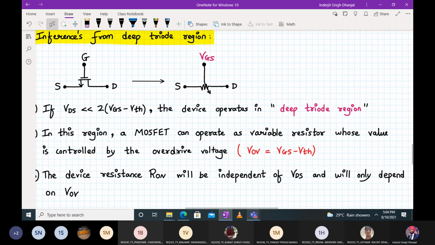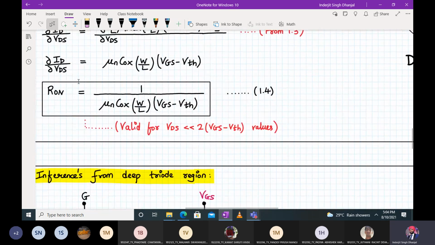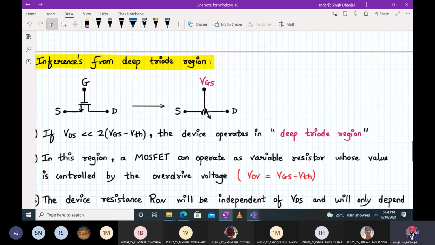In this region, the MOSFET can operate as a variable resistor whose value is controlled by the overdrive voltage. Overdrive voltage is VGS minus VTH. The device R on will be independent of VDS and will only depend upon the overdrive voltage. See over here, in the R on value, there is no VDS term. It depends upon the overdrive voltage and the aspect ratio. Okay, so that's what we have written over here.